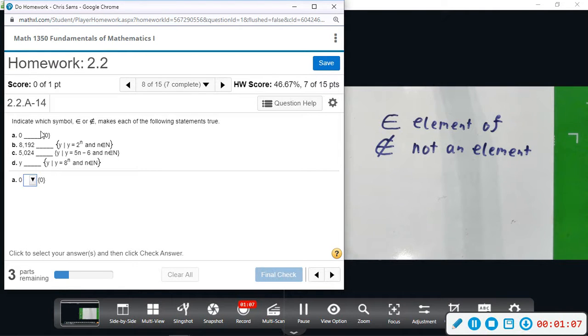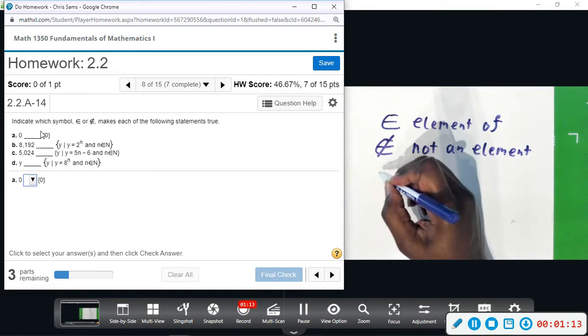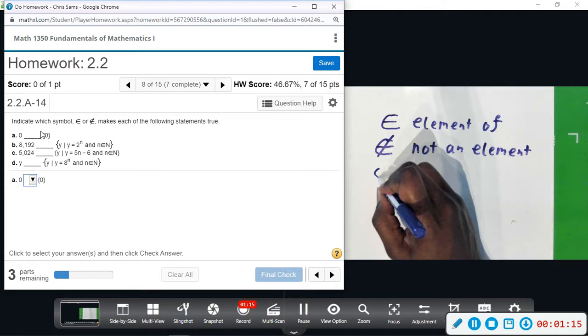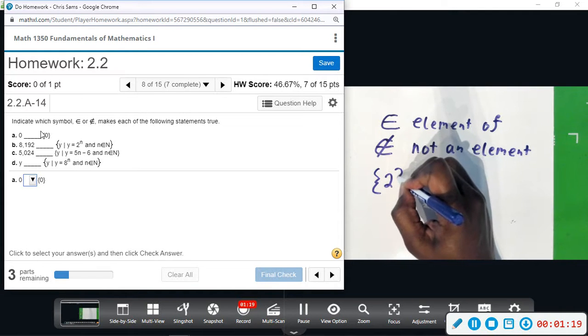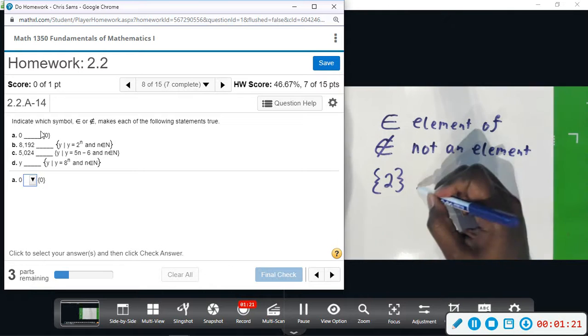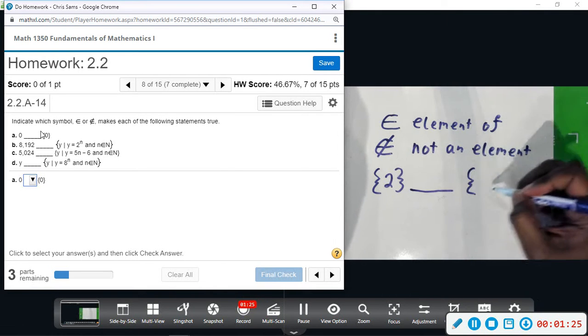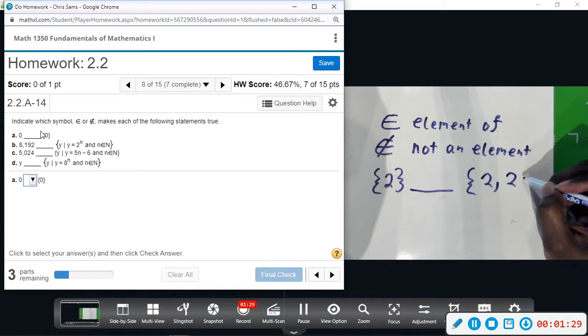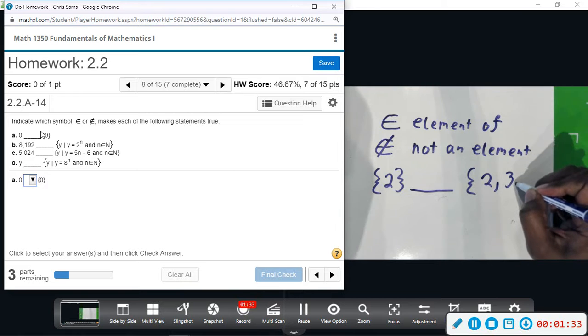And what I mean is, if you ever run up against this example, let's say we had a set consisting of the number 2, and we want to know, is that an element of the set consisting of 2, 3, 4?